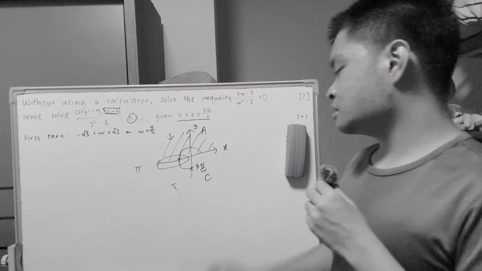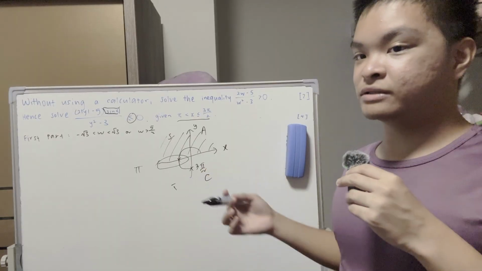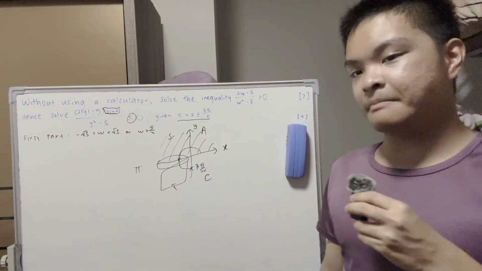Just to clarify, I meant that the angle was pi radians and 3 pi over 2 radians, not the length of the thing. So it's actually saying that my x value is in the third quadrant.